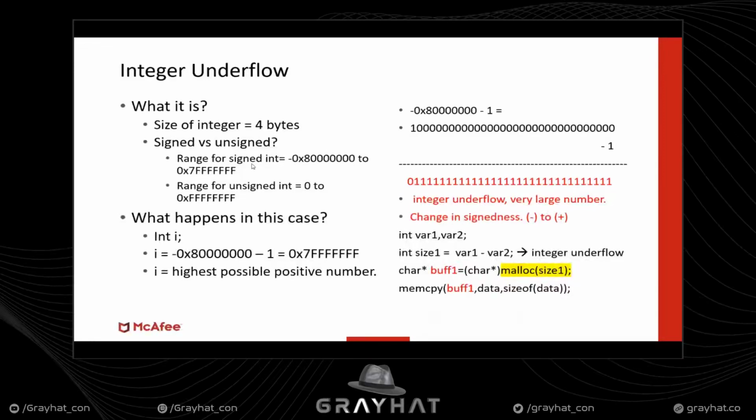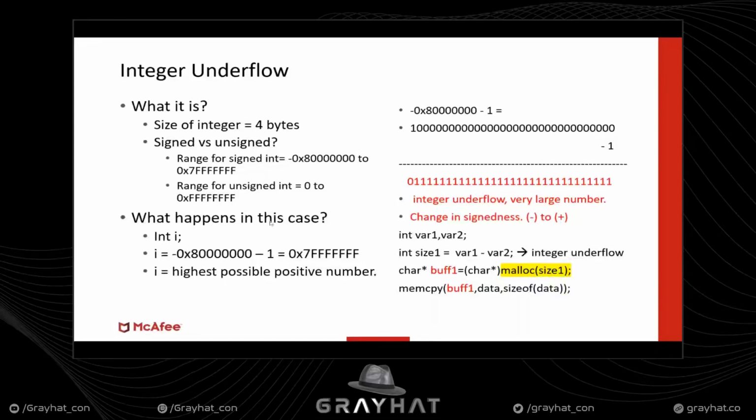It means that a signed integer can hold the minimum value, which is this, and the maximum value is this. Similarly, for an unsigned integer, the range is from 0 to ff. So this is the minimum value which an unsigned integer can hold, and this is the maximum value which an unsigned integer can hold.